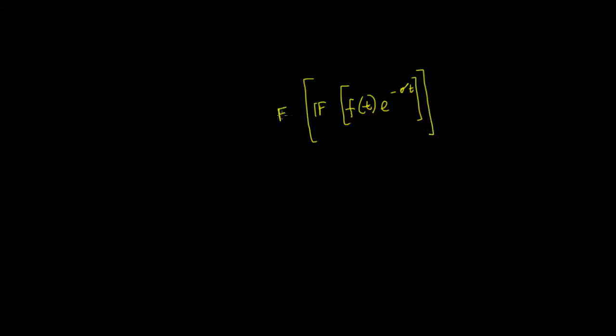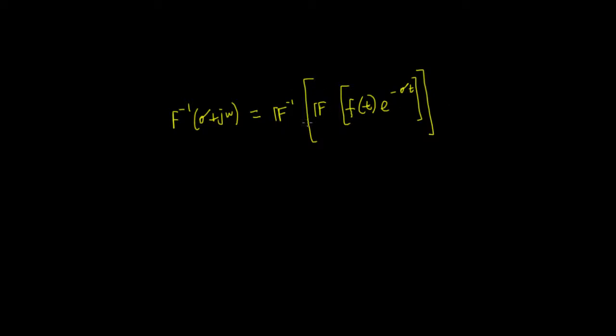So we find the inverse by finding the inverse Fourier transform of this. This tells us that our inverse transform of F of sigma plus j omega is going to equal that.